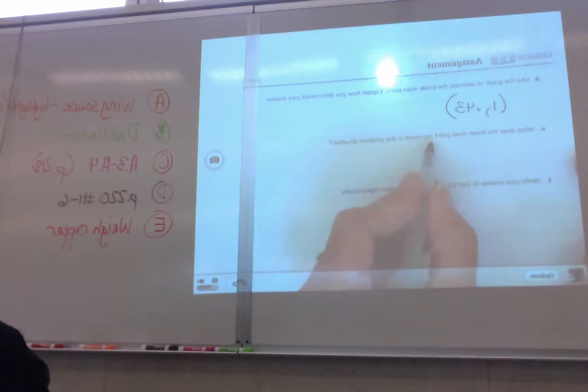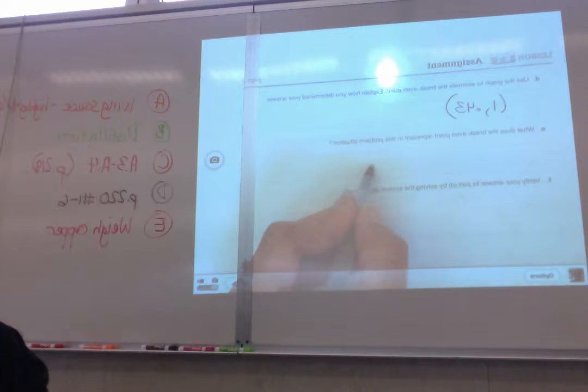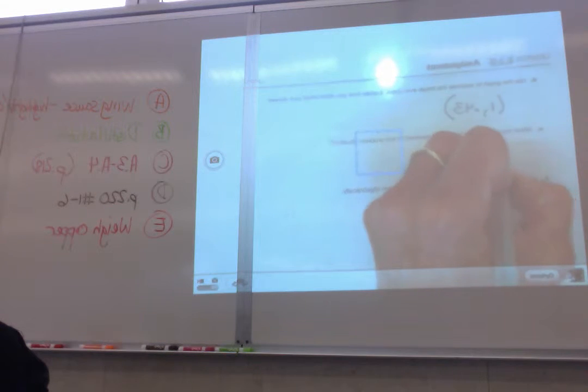What does a break-even point represent? What does that crisscross mean? The break-even point. Good. What does that mean in terms of the cow milking? It's where by hand compares to by machine.